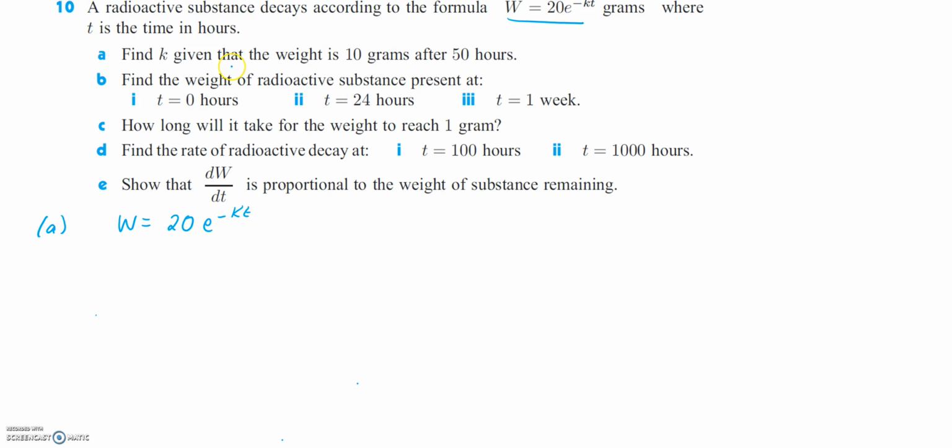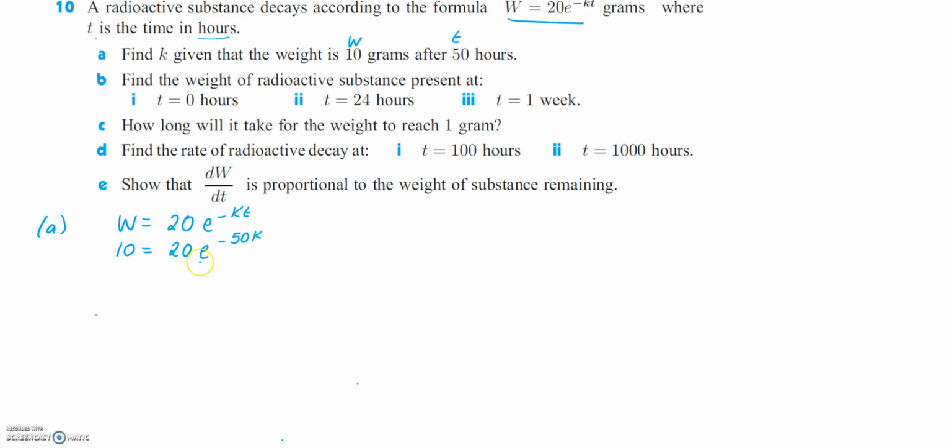Okay, find k when the weight is 10 after 50 hours, and t is in hours here. So we're just going to substitute that in. That becomes 10 equals 20 e to the minus k times 50, so 50k. We want to get to k here.